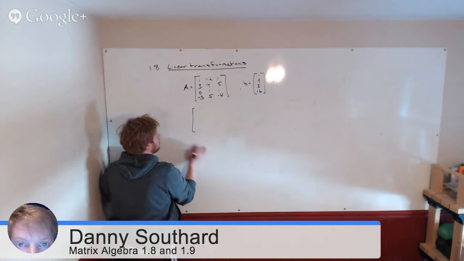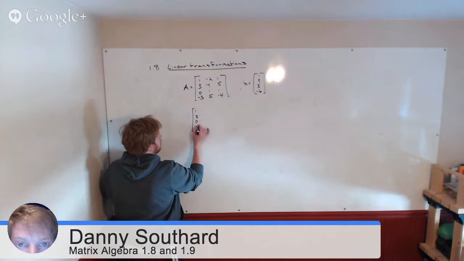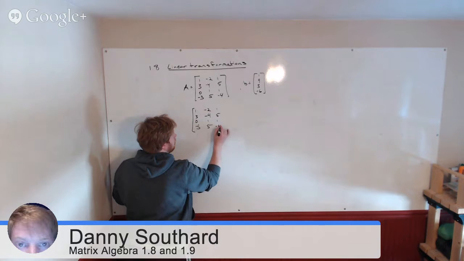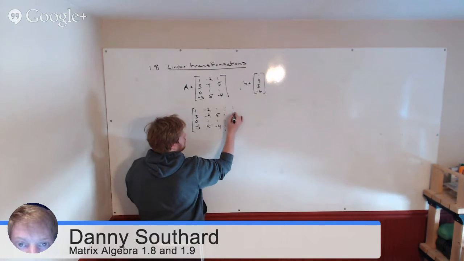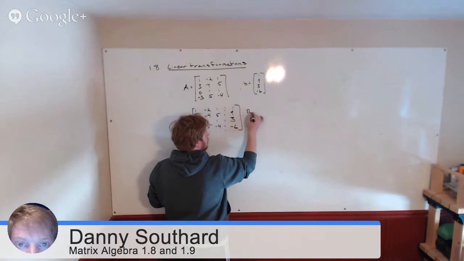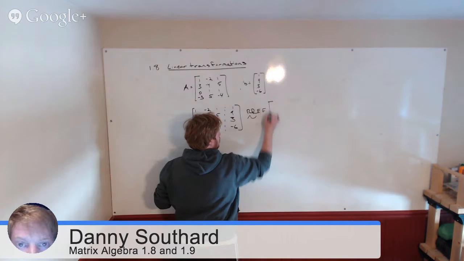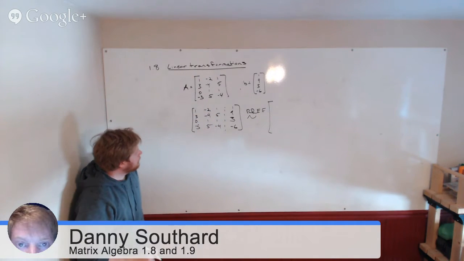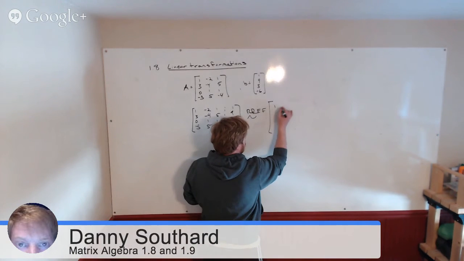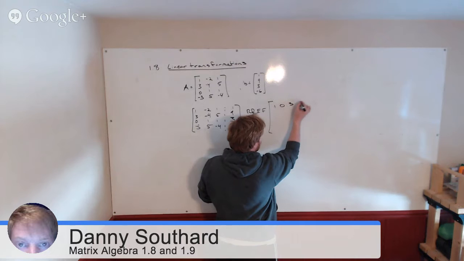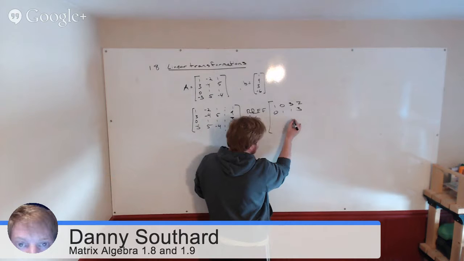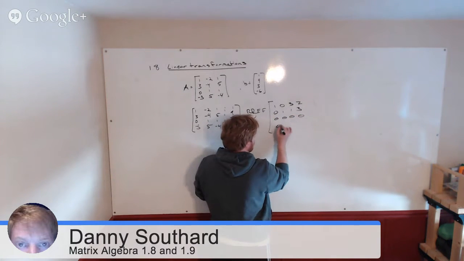So again, this boils down to simply solving the augmented matrix, and we get 1, 0, 3, 7, 0, 1, 1, 3, 0, 0, 0, 0, 0, 0, 0, 0.